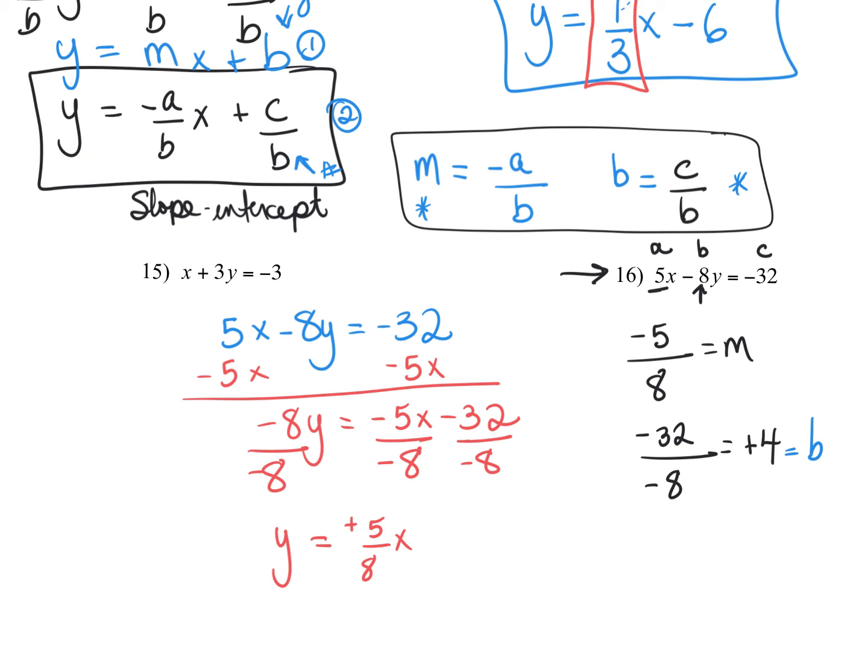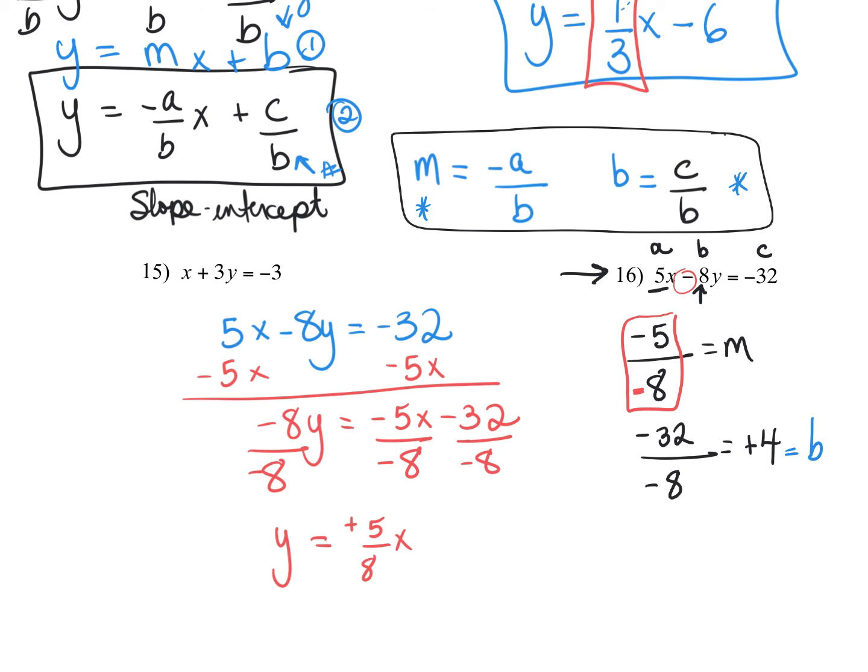Now, if you remember, I just told you that the slope should be negative 5 over 8, but what I didn't account for was that this 8 was naturally negative. When I substituted 8 in, I didn't include the negative, and a negative divided by a negative is a positive.